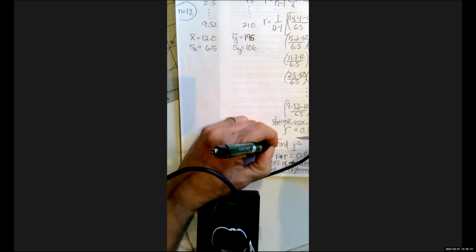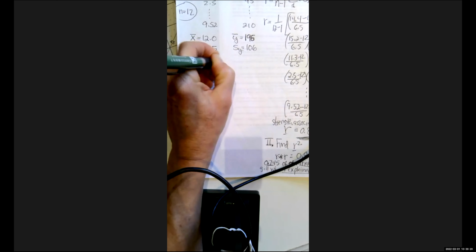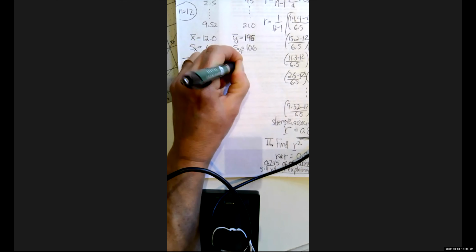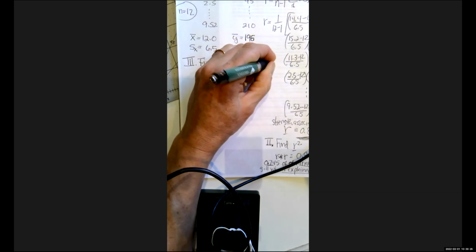Right, so those two tasks that we might be asked to do using our correlation and regression data, we have two more to go. So we have part 1, part 2, part 3. We're going to find the equation of the regression line for our data.